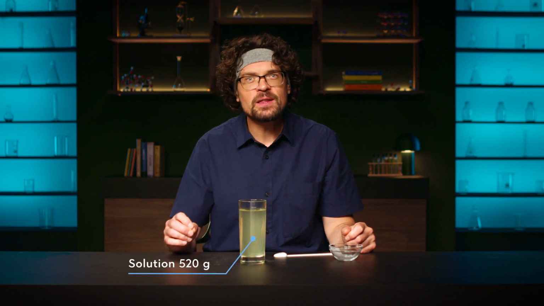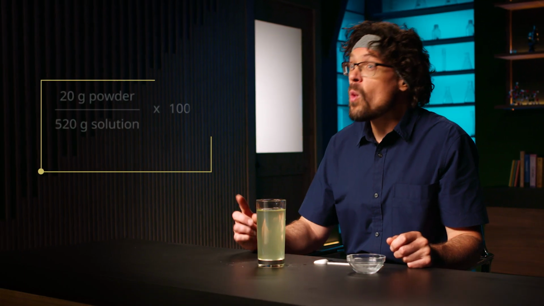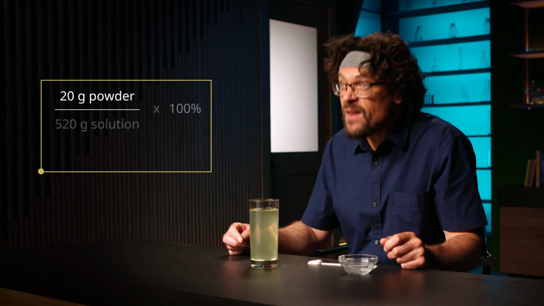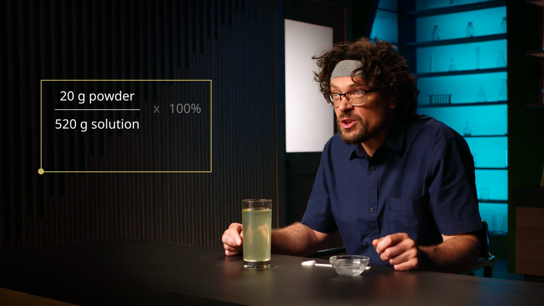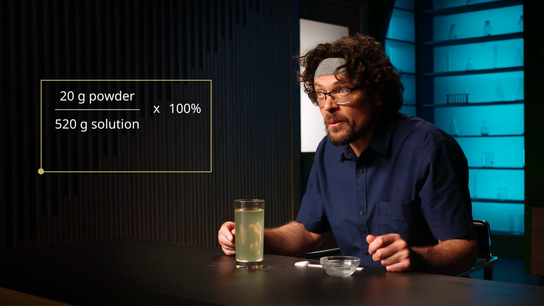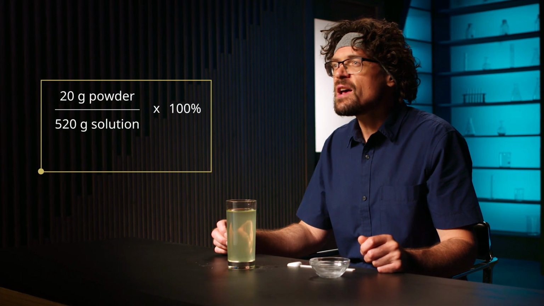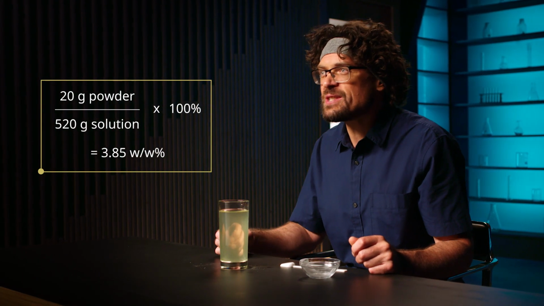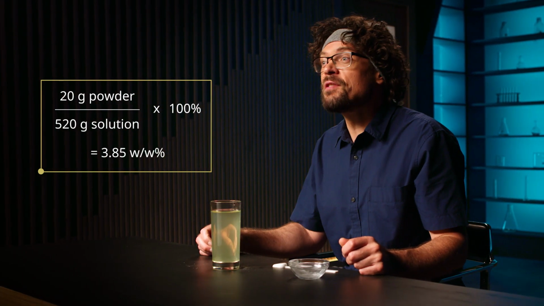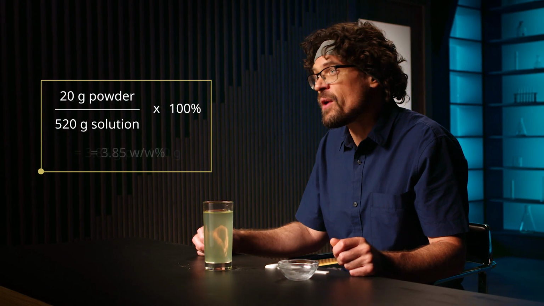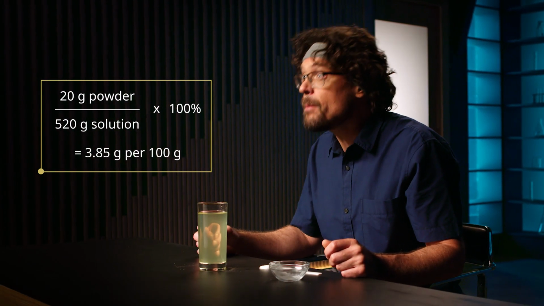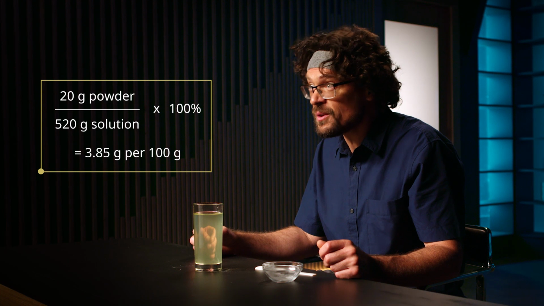We can calculate the percentage of powder in the solution. We have 20 grams of powder per 520 grams of solution, and then we multiply that by 100%. This gives us 3.85% by mass of the powder, or 3.85 grams of powder per 100 grams of solution.